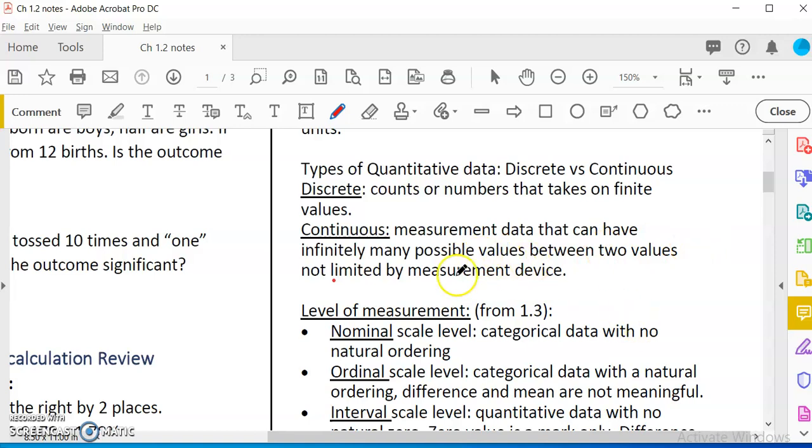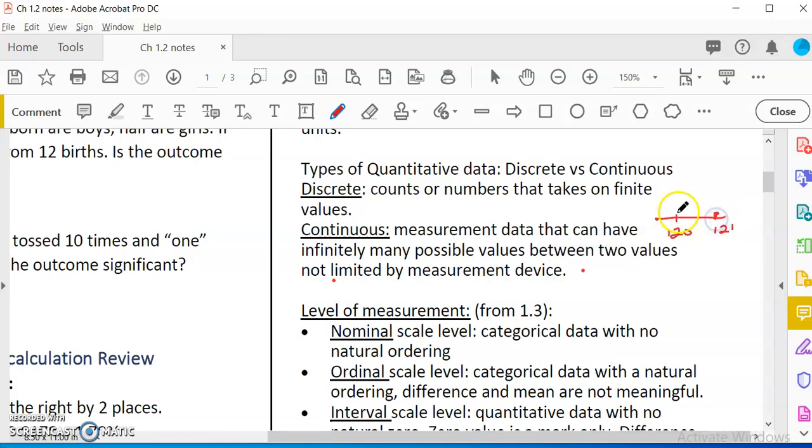Now, continuous does not mean that the data continuously change. Say we measure the height of a kid, so the children's height changes, or the weight of an adult, so our weight changes on a daily basis. So continuous has nothing to do with whether it changes or not. When we collect data, whatever data it is, that's what we collect. We are referring to the fact that, for example, for the weight of a person, between 120 pounds and 121 pounds, there is also any number in between.